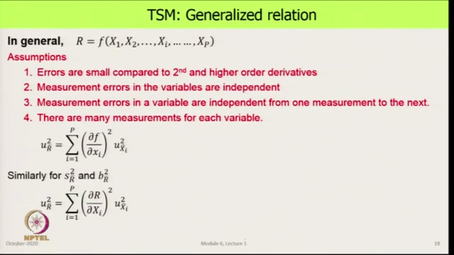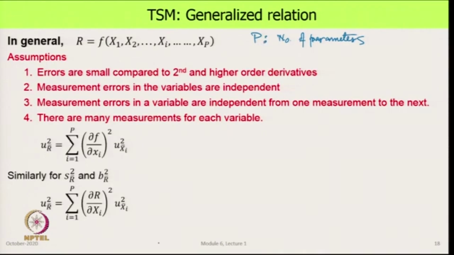So, now we can generalize it to any number of variables that we want. R is a function of x1, x2, up to xp, p number of parameters. So, there are that many independent measurements we are doing in the experiment, that is p.